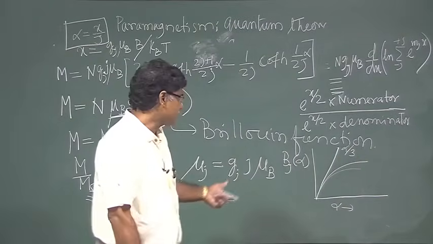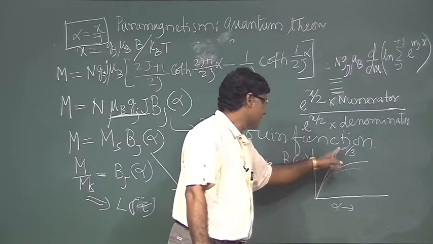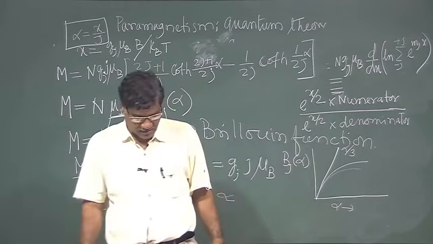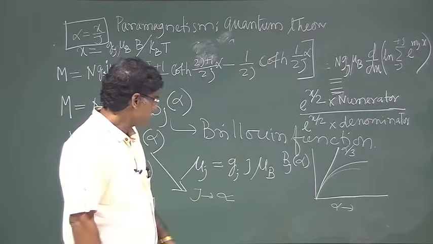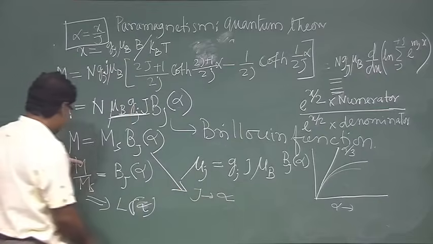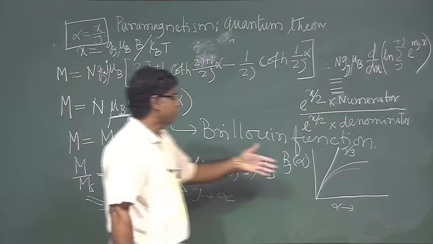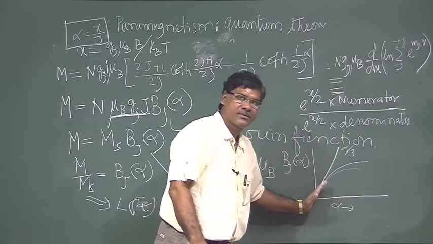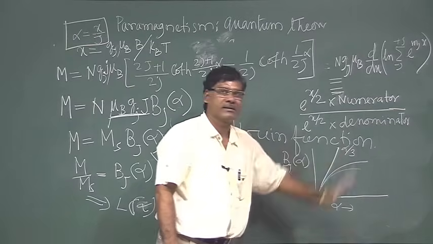So, at higher temperature, this function, which is nothing but M by Ms, varies linearly. So, basically, the magnetization varies with temperature linearly at higher temperatures. Okay.